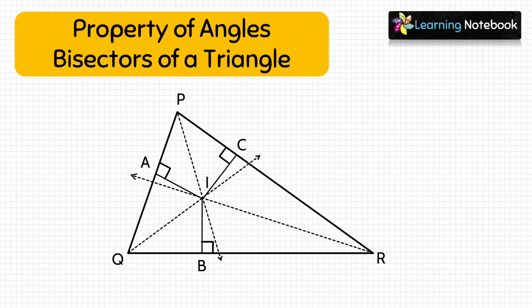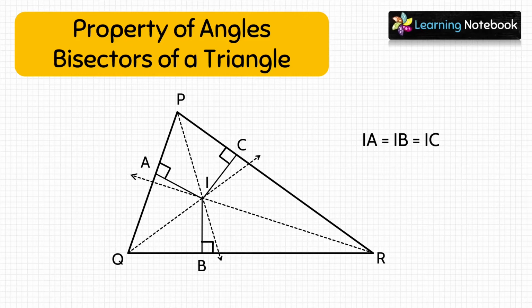Then we will measure the lengths of these perpendiculars and we find that IA equals IB which is equal to IC. So students, the point of concurrence of these angle bisectors of a triangle is called the incenter of the triangle. Here, I is the incenter of this triangle PQR.